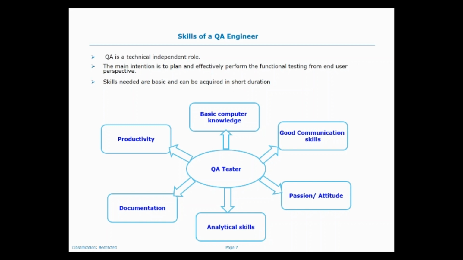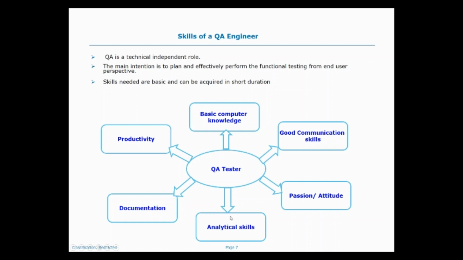He needs to understand what, from the customer perspective, his product is supposed to behave like. For that, that person needs to go above his assignments or the task assigned to understand the product. And for that, you really need that learning or the passion to know the product.